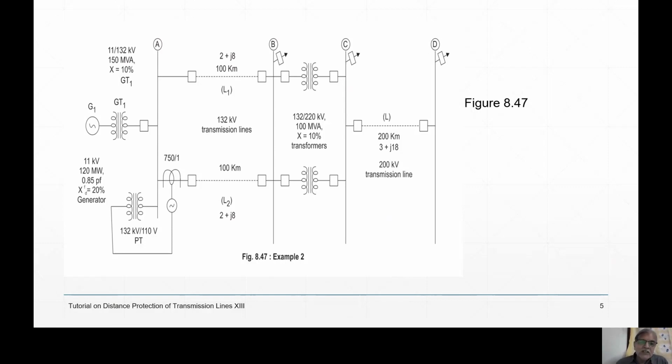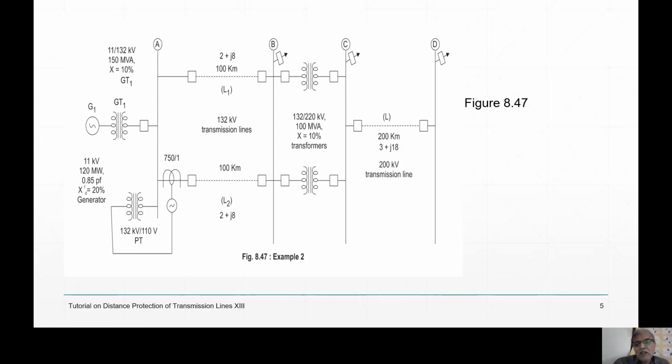What you have to find out is for L2, what will be the zone 1 coverage? It cannot be 100 kilometer. It will be less than that because there will be some overreach. So what is that overreach that we have to find out? And then in zone 2, it will cover L1 also. So how much L1 will it cover?